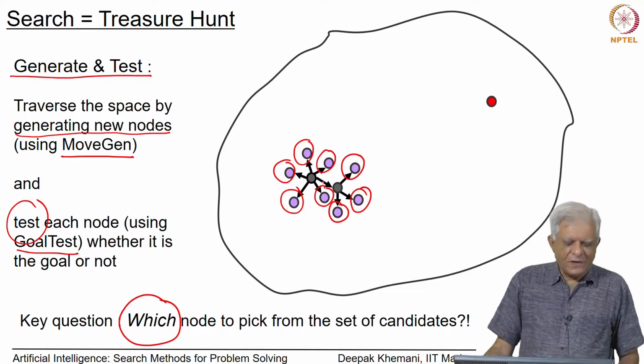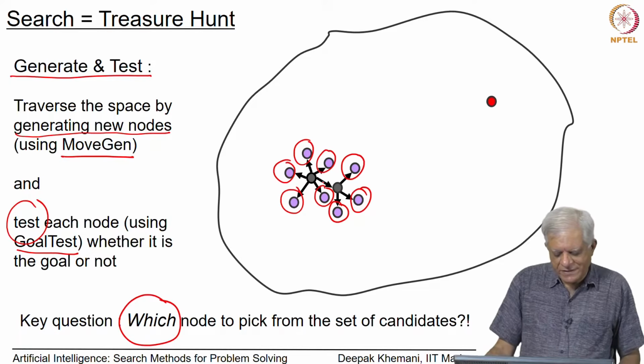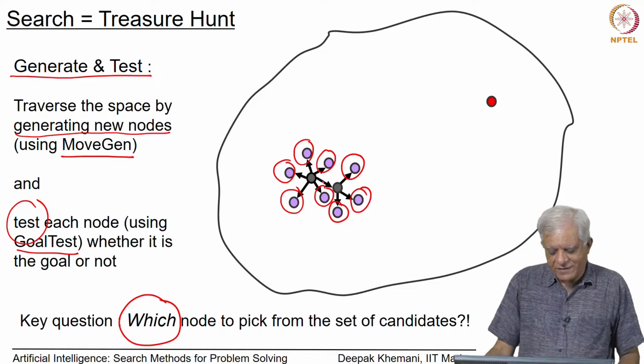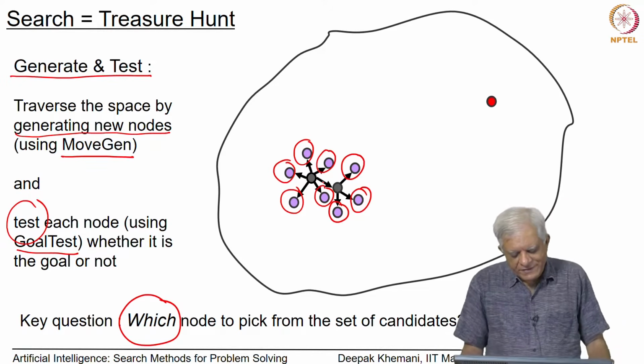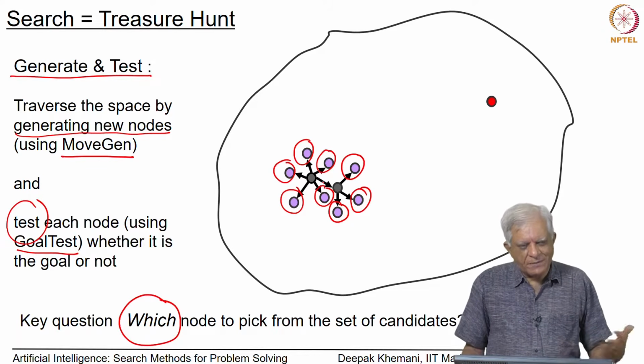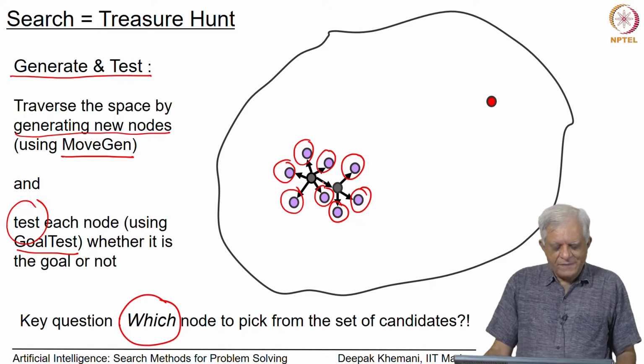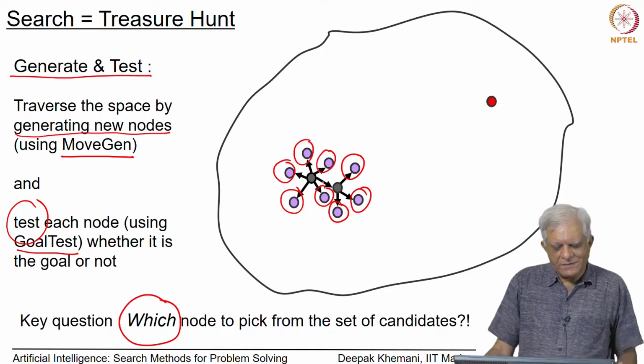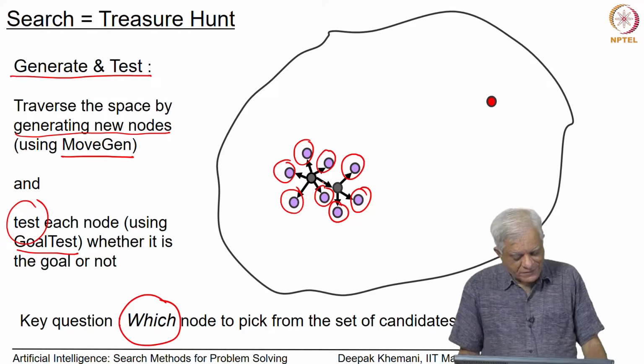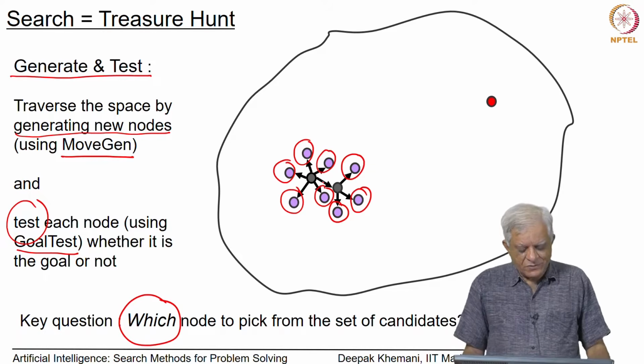That would amount to having what the people in the theory community call an oracle which tells you which is the right choice to make, and people in non-deterministic programming use this terminology that you non-deterministically choose the right node. But we do not have the benefit of an oracle, and the way to convert such non-deterministic choices to deterministic choices is to do search, essentially.